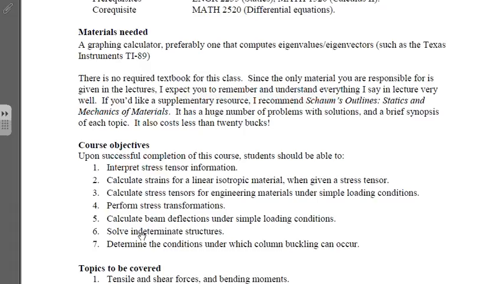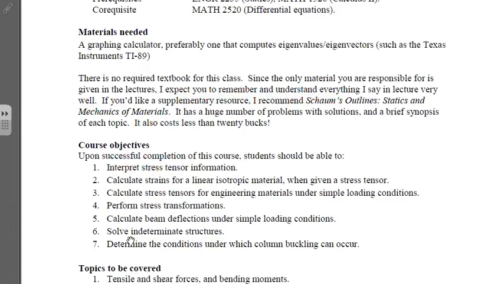Indeterminate structures. So does anyone remember what a statically indeterminate system is? Yeah, mathematically it means that you have too many variables to solve for and not enough equations. You have more variables than equations.